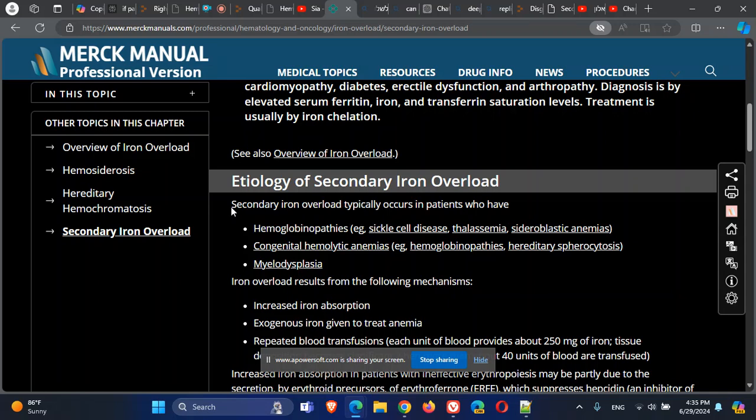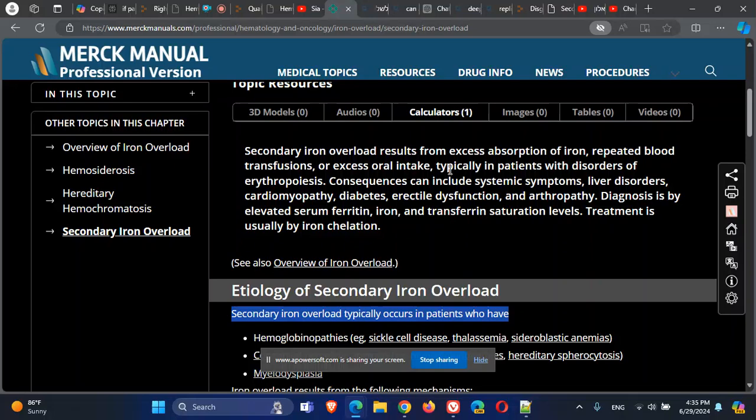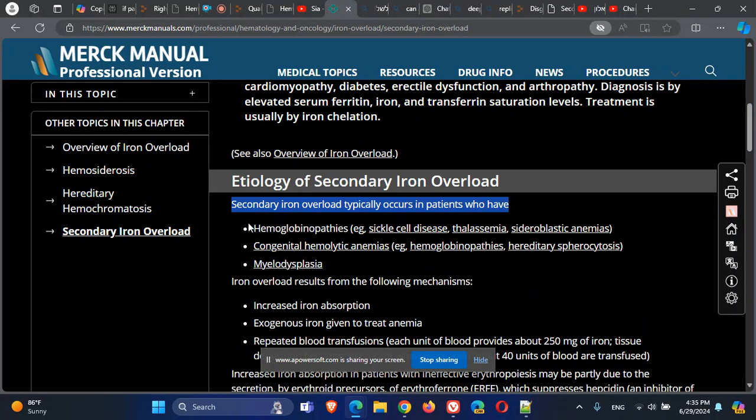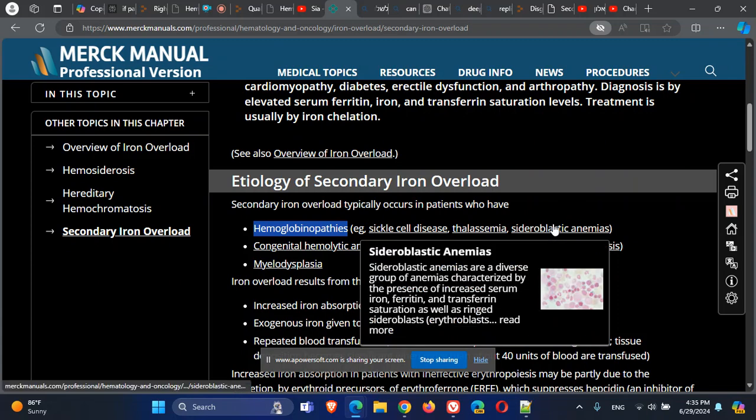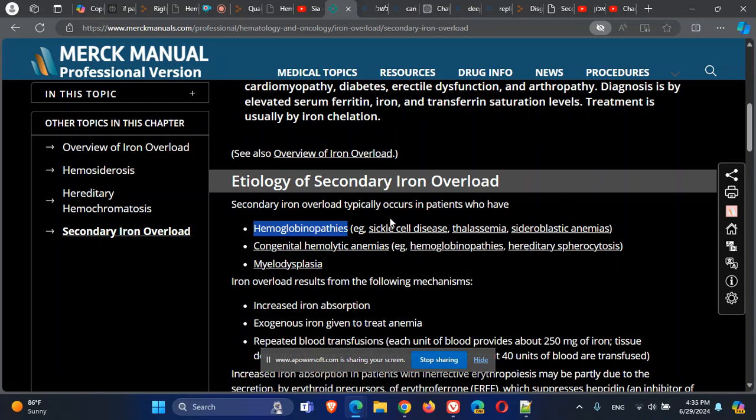So, what would cause us to use these transfusions? Typically, hemoglobinopathies, a problem with heme synthesis and or abnormal heme, sickle cell, which is hemoglobin S, thalassemia, which is a problem in creation of the chains of hemoglobin, sideroblastic anemia, a problem with utilization of iron with sideroblastic macrophages that can be seen in the peripheral blood smear.